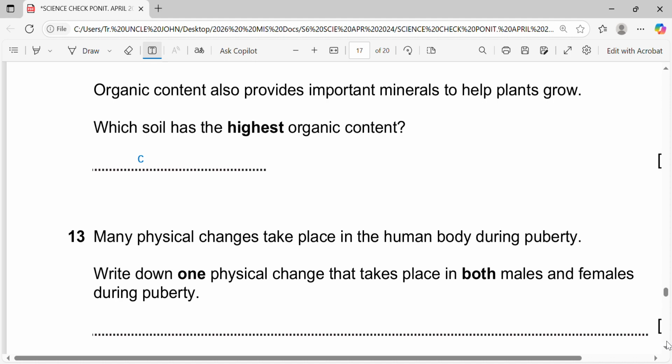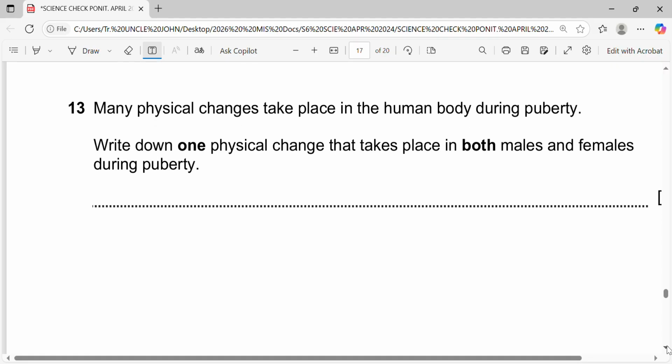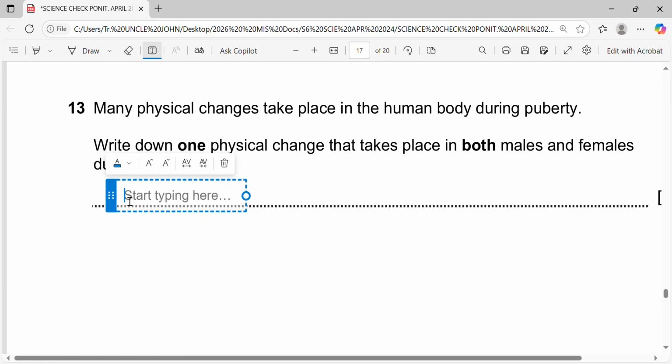Question 13. Many physical changes take place in the human body during puberty. Write down one physical change that takes place in both males and females during puberty. Actually, during puberty there is a rapid growth.